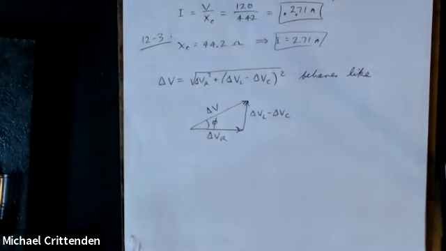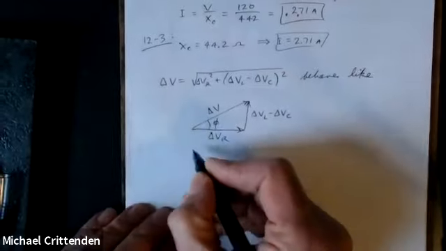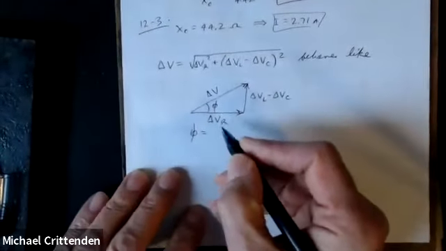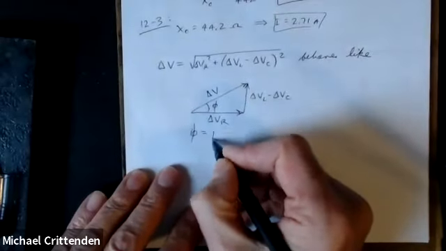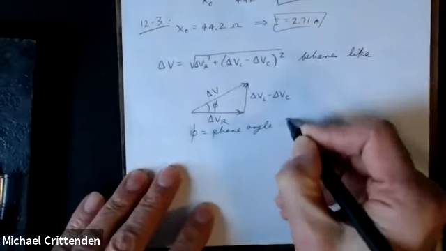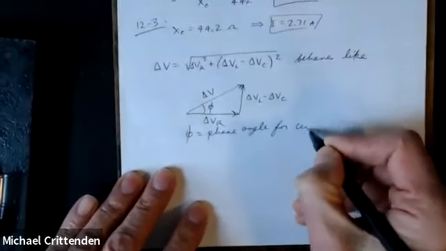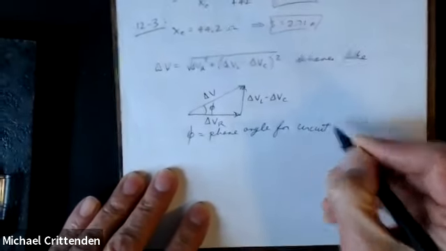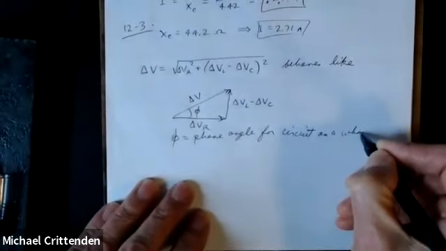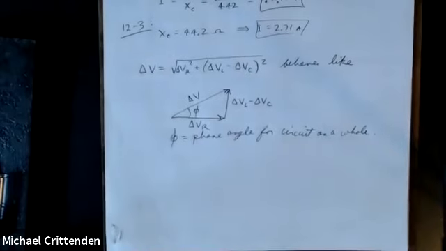So phi is the phase angle for the circuit as a whole.